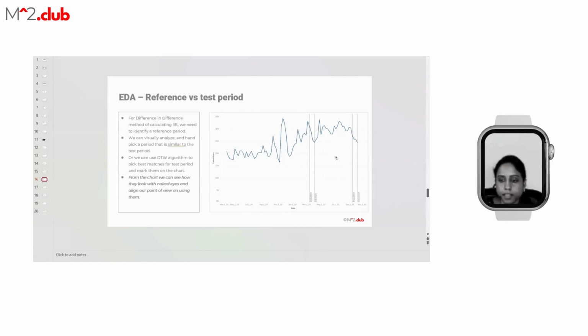One would be the usage of the DTW algorithm, dynamic time warping, which allows us to find the best match to our test period. Or we can do a coarse visual match of the test period to another period and use that as our reference. For that purpose, especially, we need to look at this chart and mark our test and reference periods to see how similar they are visually also.